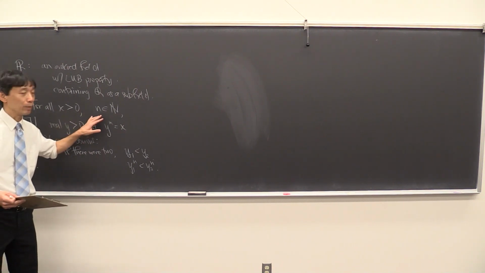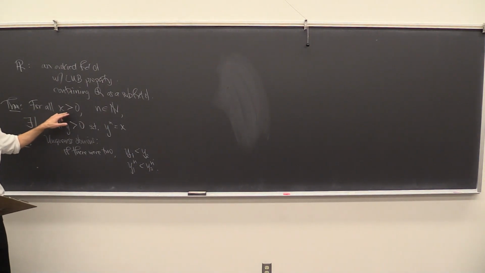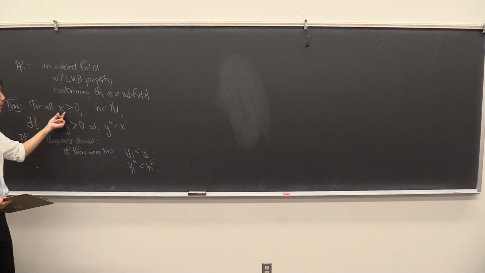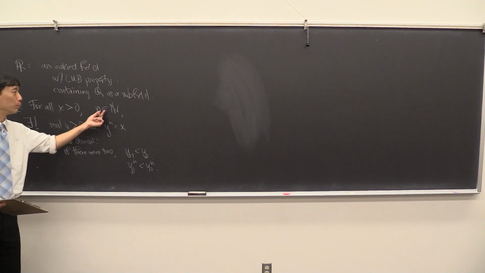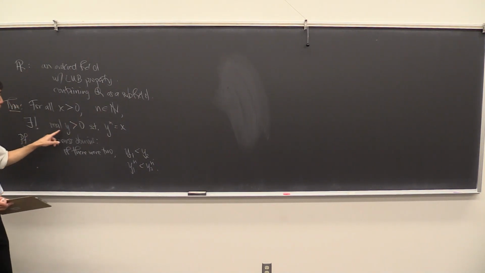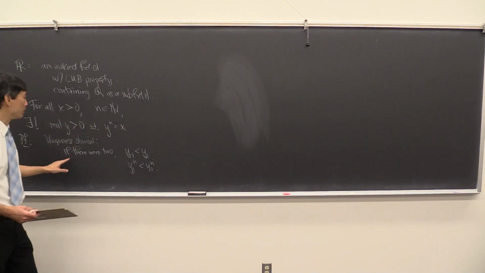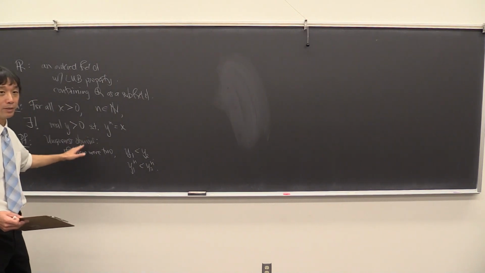For those of you who are coming late, we're showing that nth roots exist in the real numbers: given any positive number x and any natural number n, you're guaranteed a unique positive number whose nth power is x. The first thing we notice is that uniqueness is obvious.